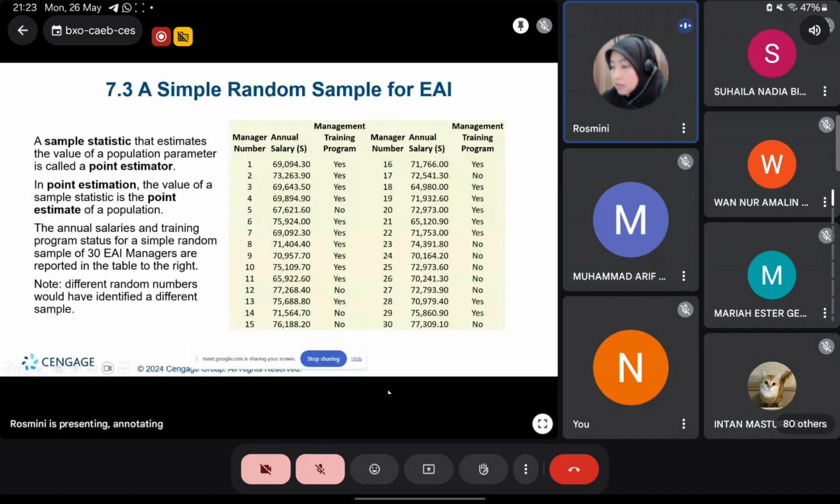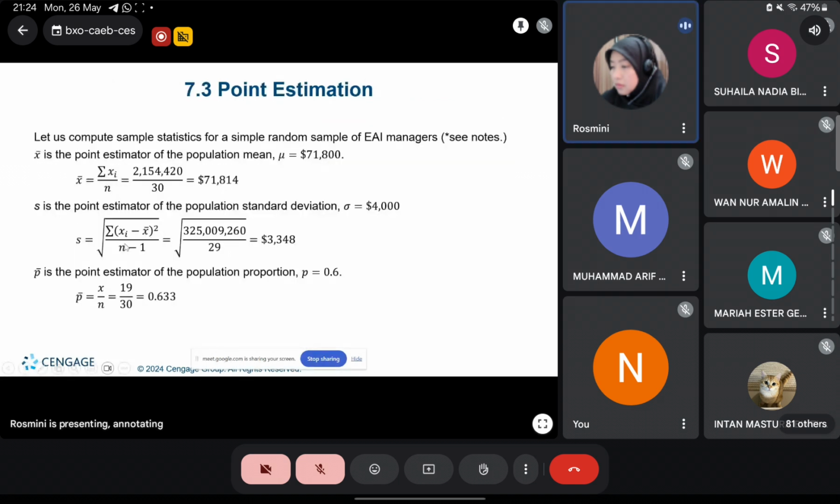You will keep on subtracting the 71,814 from the salary here, and then we have the square. n is 30, minus 1 is 29.